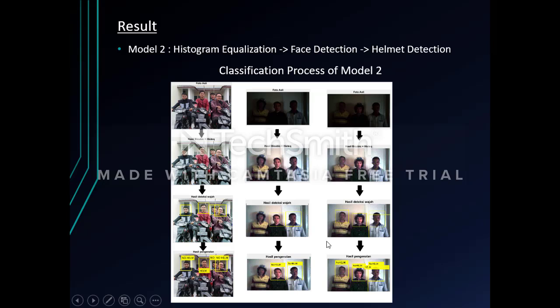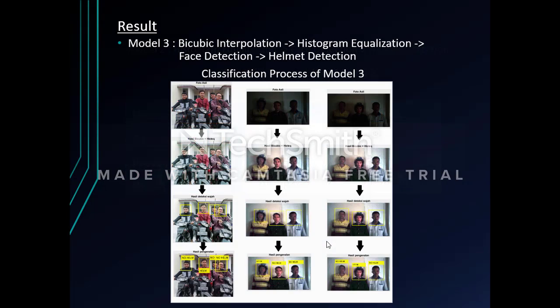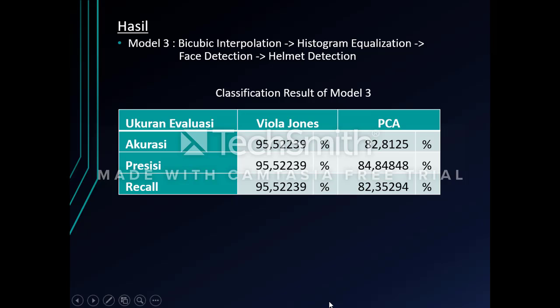And in the third model, it is classified correctly: helmet classified as helmet. This is the result of the classification of the third model. The PCA is at 82% accuracy, and Viola-Jones at 95% accuracy.